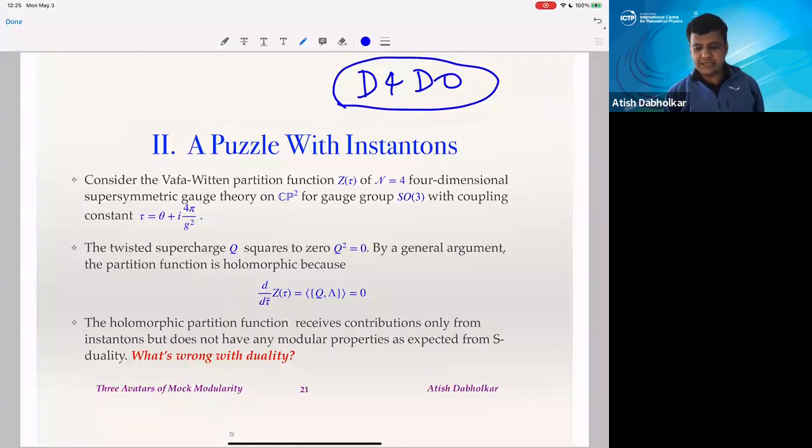By twisted gauge theory, what you mean is that you have a supercharge Q, but you sort of reassign the R symmetry charge. You use the R symmetry and the space-time symmetry and mix them together, such that the supercharge, which normally is a spinor under the space-time symmetry and transforms in a certain way, like in this case, N equal to 4 supersymmetry, it transforms as the 4 of SU(4).